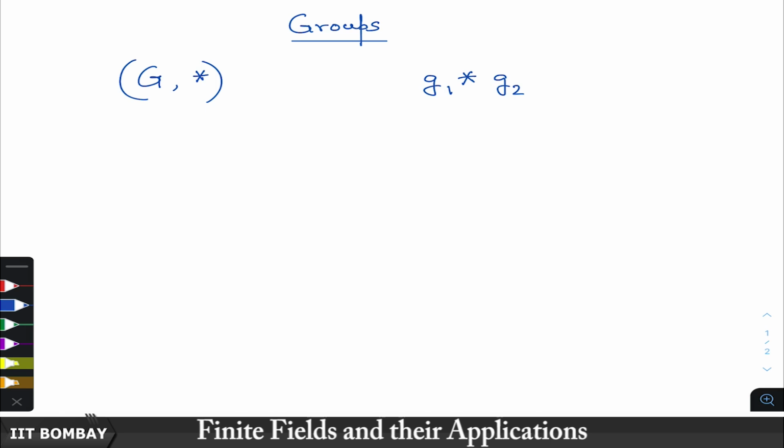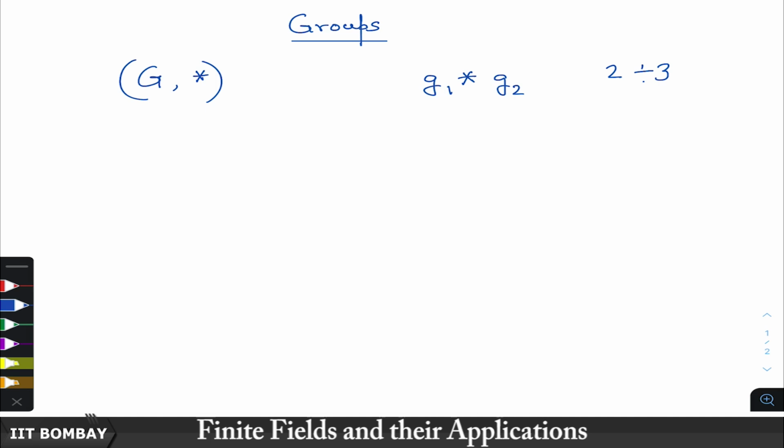Now, in many contexts, when we have such a set and an operation, the result may not be in G. For example, you can take the division operation on integers: 2 divided by 3 is not an integer, it is a rational number.